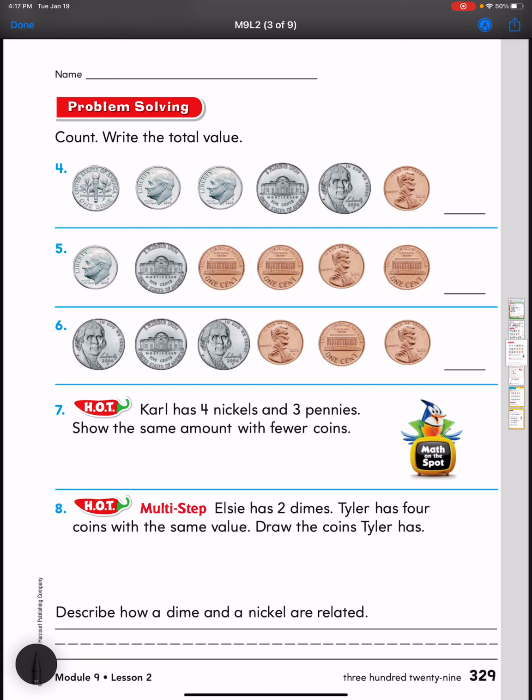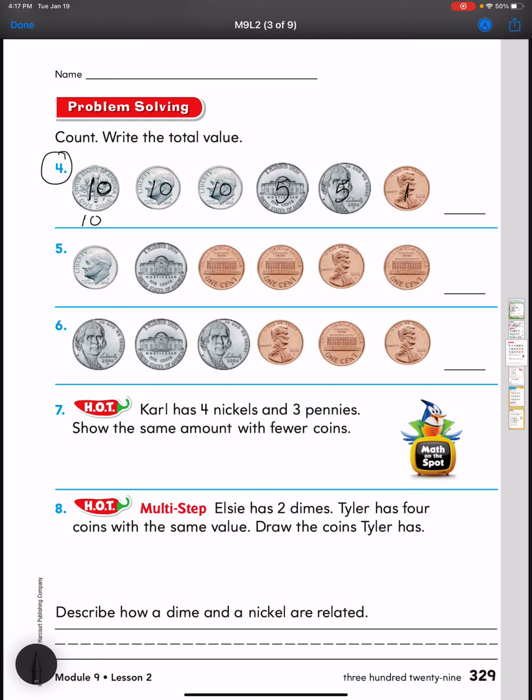Okay, so let's keep practicing. We're going to count and write the total value. Now it doesn't have the lines, but that's okay. I can write underneath it. So I'm looking at number 4. I know that this is a dime, and a dime is worth 10. This is 10. This is 10. This is 5. A nickel is 5. A penny is 1. So I know the value of all of my coins.